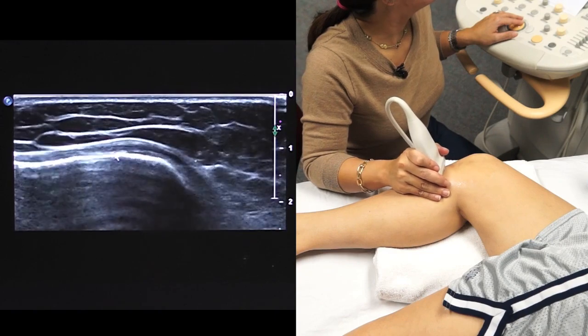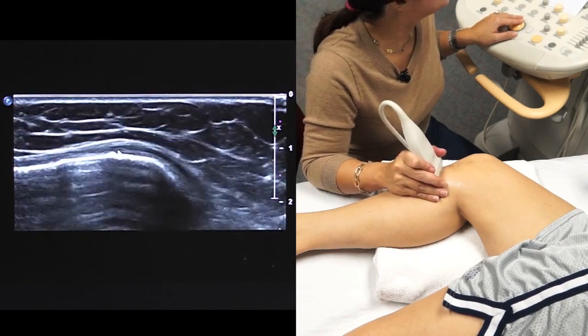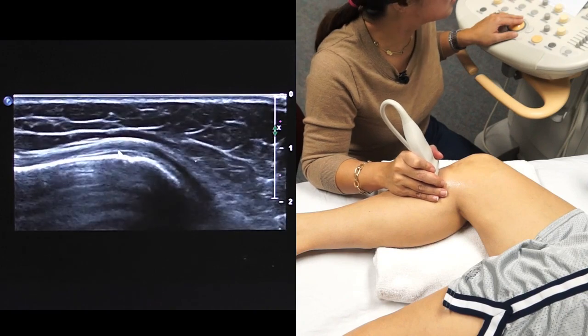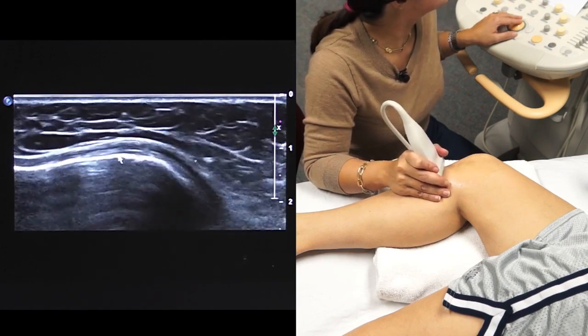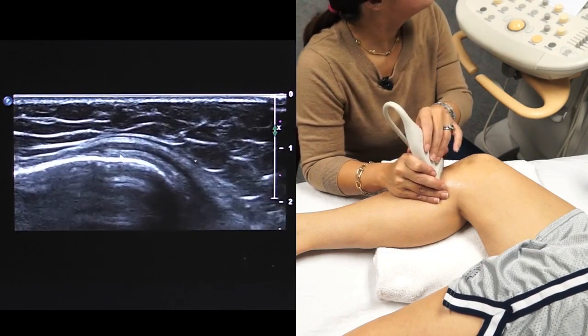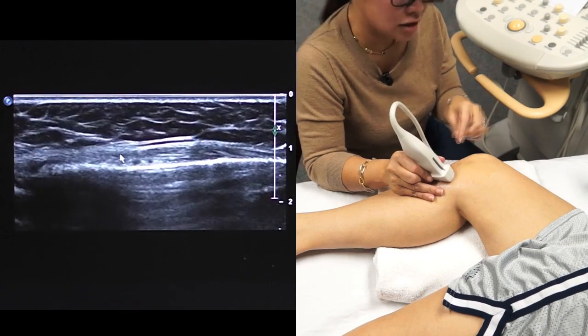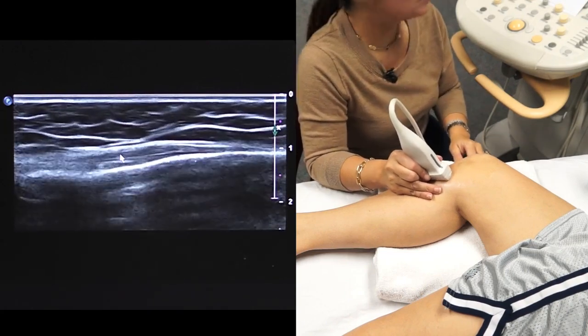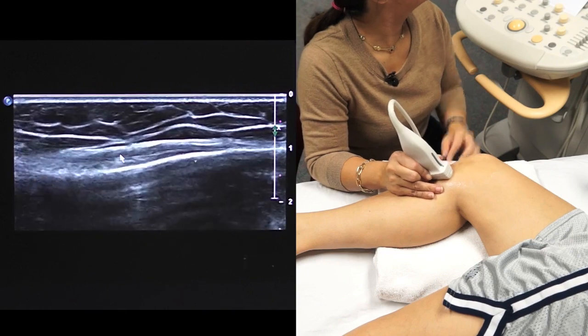If you're not sure, you can compare it to the other side to see if they are enlarged or decreased in echogenicity, but also the patient should be complaining of tenderness when you're scanning this area if there is pathology. Once you localize those tendons, you can turn to image them in long axis and note the plane of the transducer as the tendons come down and insert onto the anterior medial tibia.